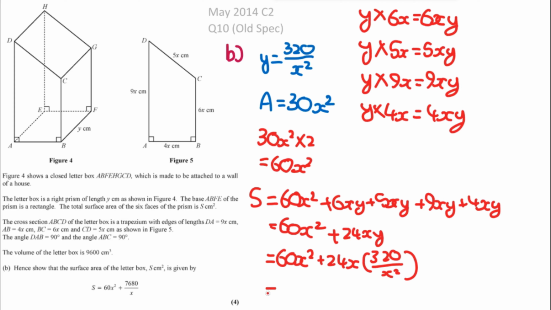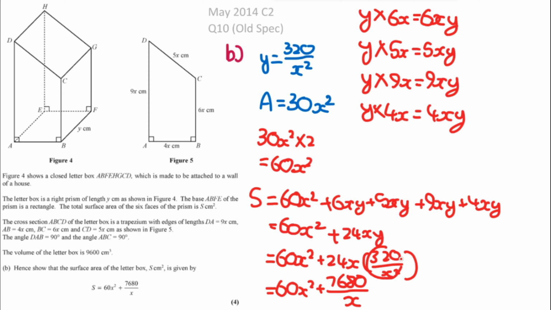We can simplify this further. Let's do 60x squared plus, and then 24 times 320, if you put it into a calculator, is equal to 7,680. And this is going to be over, and then x divided by x squared in the denominator is going to be x in the denominator.